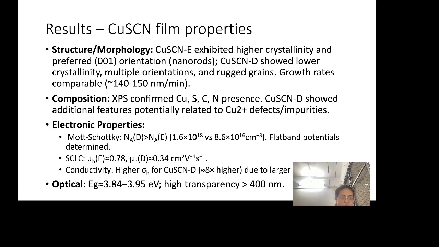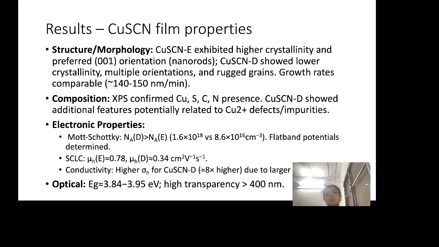Both have comparable growth rates. Doing XPS, we see the presence of copper, sulfur, carbon, and nitrogen, but there could be additional features potentially related to CO2 plus defects and impurities, which we'll talk about a bit later.